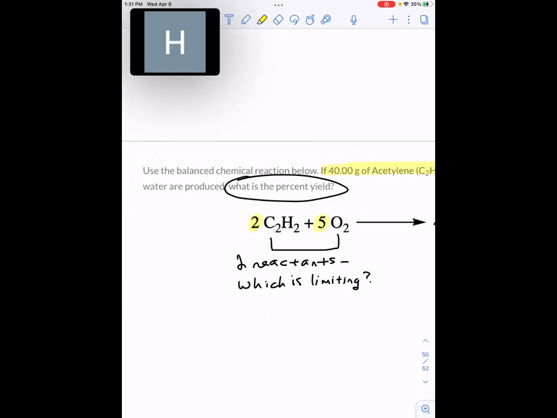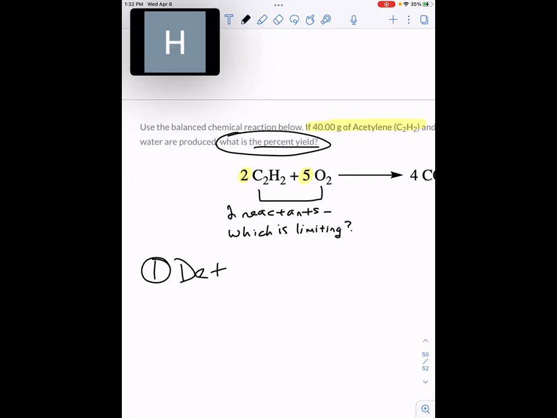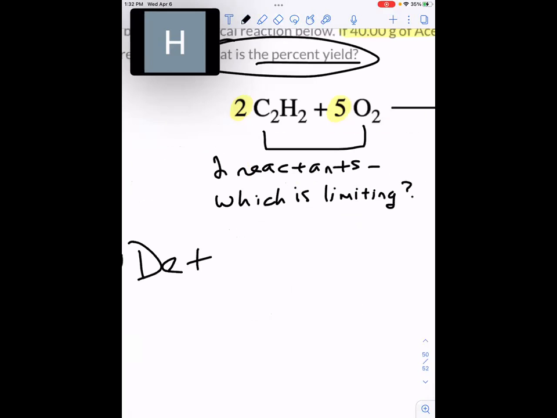So in order to do that, first thing we need to do is get everything in moles. Because the question asks us the percent yield, before we can get to that, we got to know what the limiting reagent is. So we need to determine what the limiting reagent is.